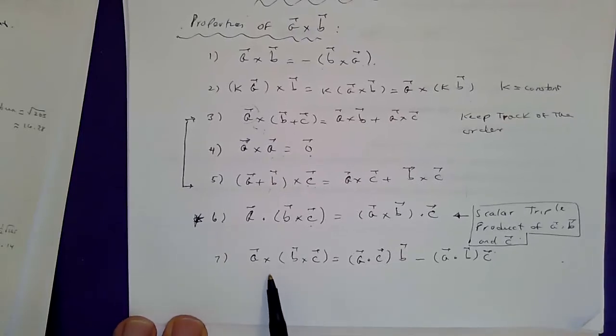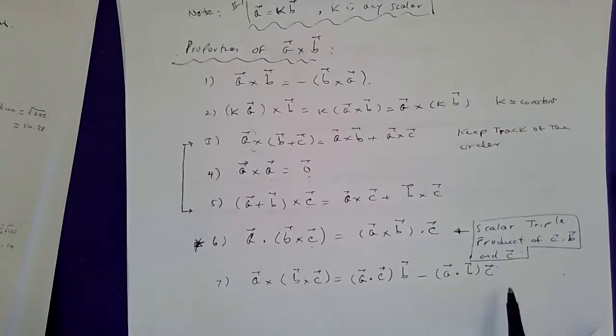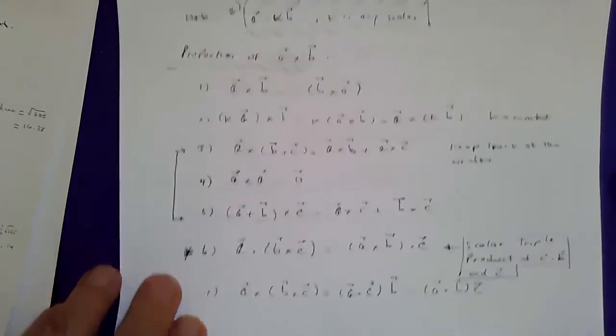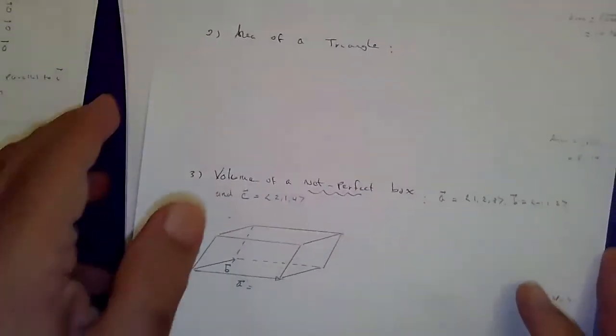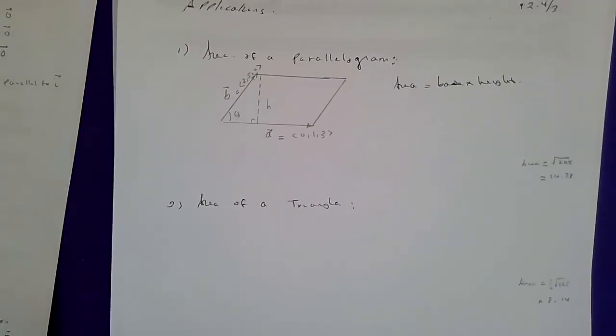And finally, if you are taking the cross product of three vectors, A cross B cross C is not what you might expect. It's equal to A dot C times B, minus the dot product of A and B times C.